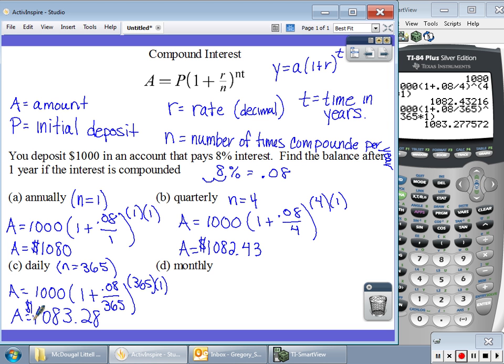And then finally monthly, how many months are in a year? N is equal to 12. So A is 1,000 times (1 plus 0.08 over 12) to the 12 times 1.